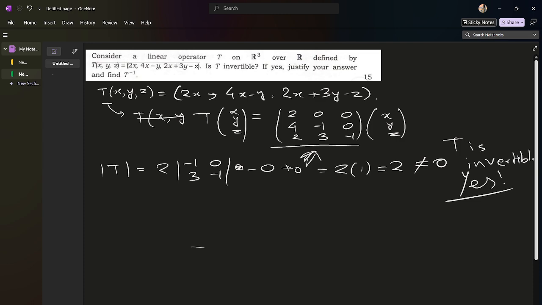Now we have to find the T inverse. So how can we find T inverse?